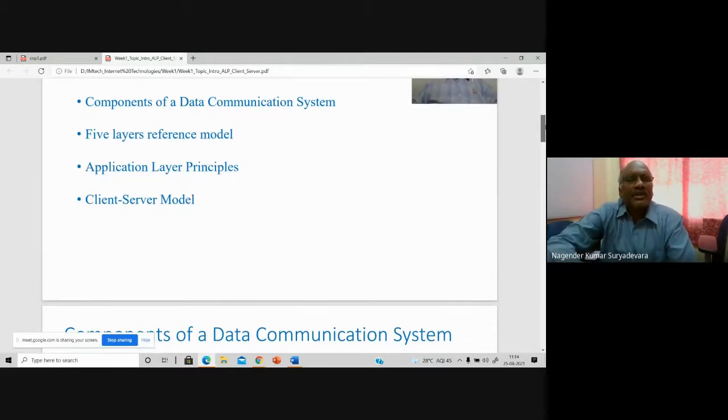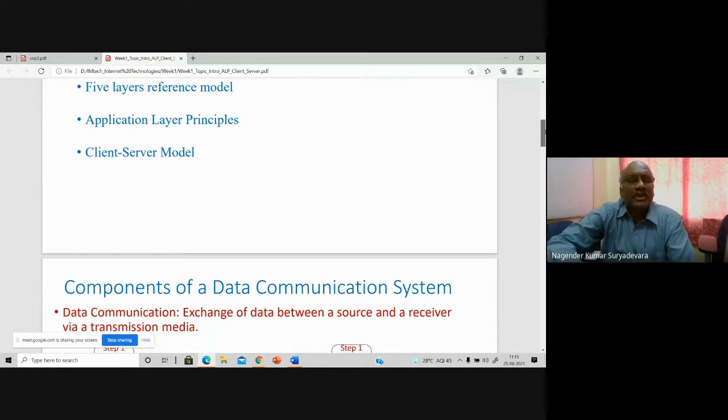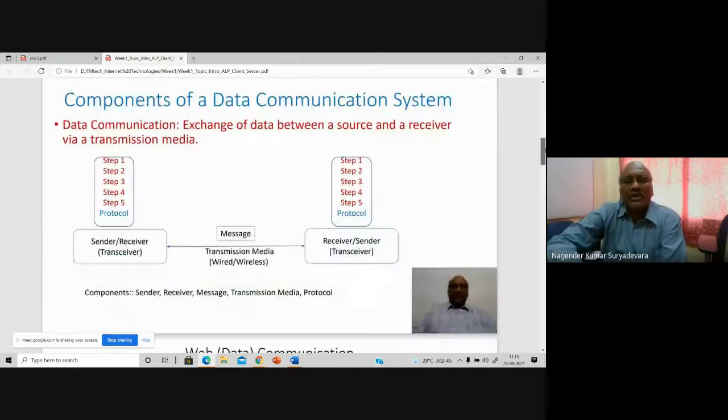We will look at the different layers in that model which help you transfer the data. One such model which follows the 5 layers reference model, the TCP/IP model, is the client server model. That's the topic of discussion here.